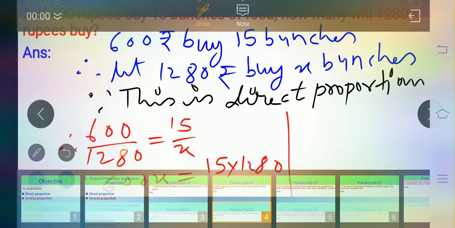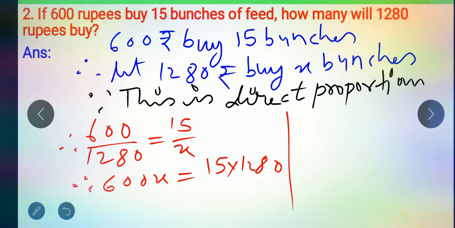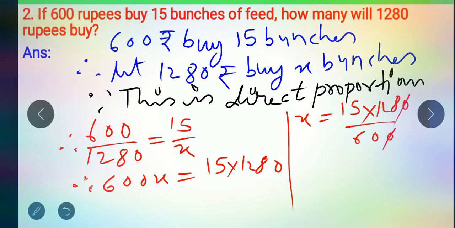Now I'll change the side of 600. It will become x is equal to 15 into 1280 upon 600. Students, the 10s cancel. Now 15 ones are 15, 15 fours are 60. So we'll get x is equal to 128 upon 4.